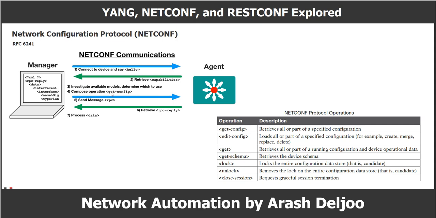Get config, you know, is used for retrieving all or part of a specified configuration. After that, send the RPC message, then retrieve the RPC reply, and then we can process the data. This is one example, but you know that in NETCONF we have multiple protocol operations.